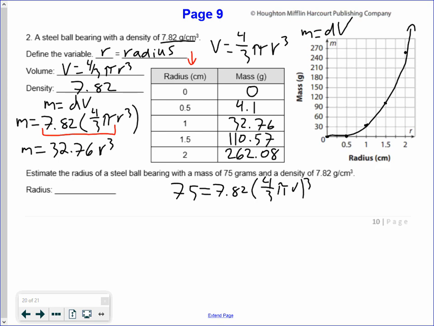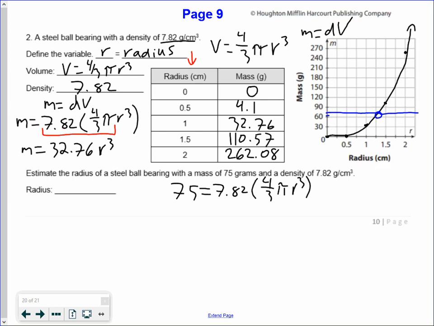I just want to know what my r is going to be when my mass is 75. So I go to 75 on the graph, draw a line across, and see where it intersects the curve.